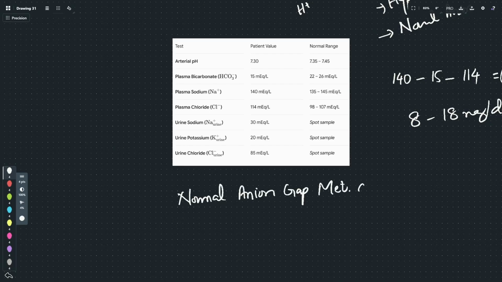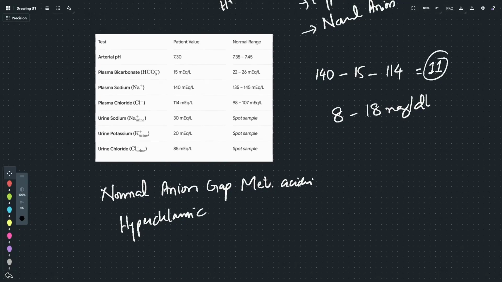metabolic acidosis. Now notice something. You see, the chloride level is a bit high. The normal range is 98 to 107, and here it is 114. So the chloride level is high, so it is hyperchloremic. Now what can we infer from this hyperchloremic metabolic acidosis?